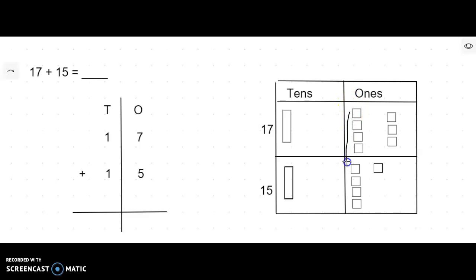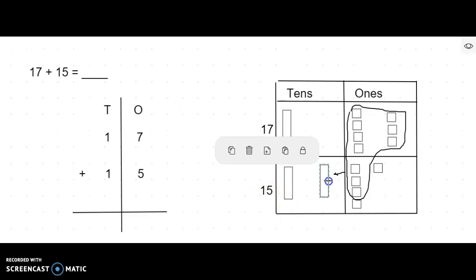I just found 10 loose ones. You know what I can do with those? I can make them into a group of 10. I can regroup them into a group of 10 to make everything a little bit easier. I can regroup my 10 loose ones.